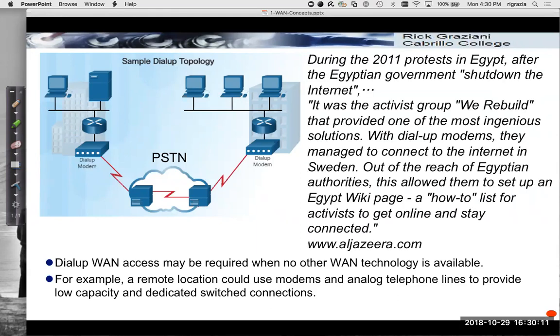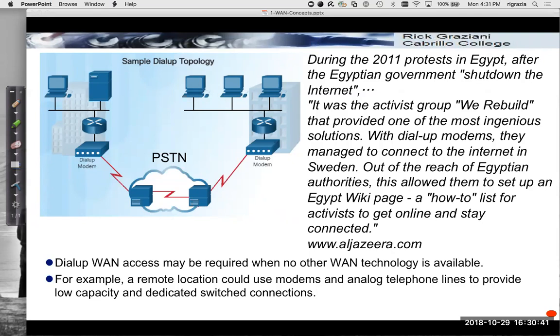I always like to mention this. During the 2011 protests in Egypt, after the Egyptian government shut down access to the internet throughout all of Egypt, there was an activist group called We Rebuild that used dial-up modems and connected to the internet through servers in Sweden.